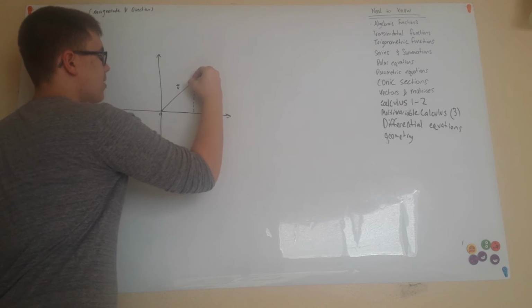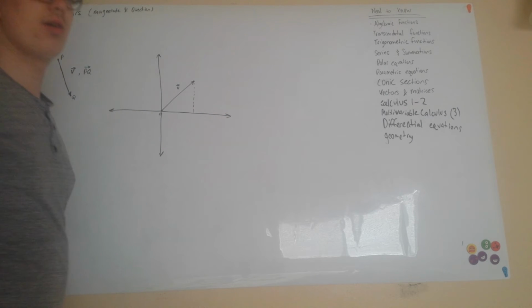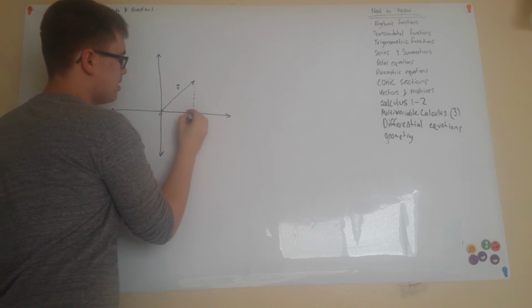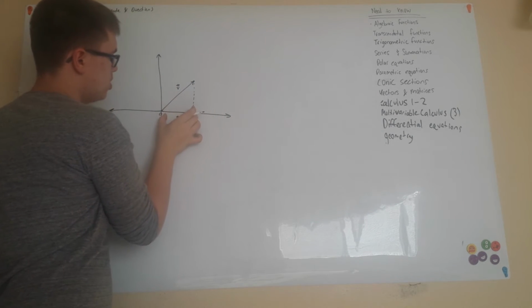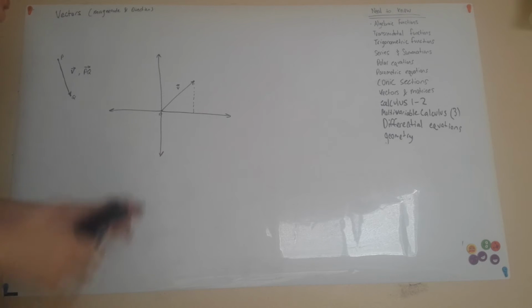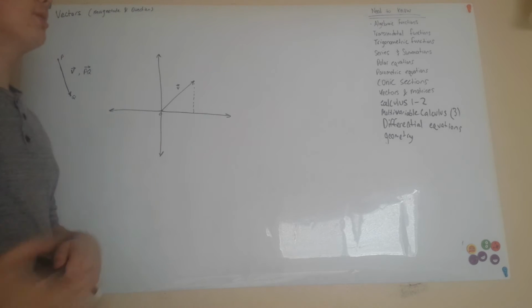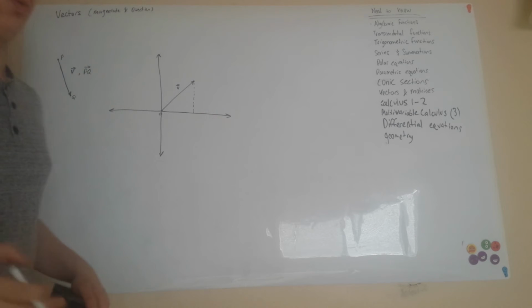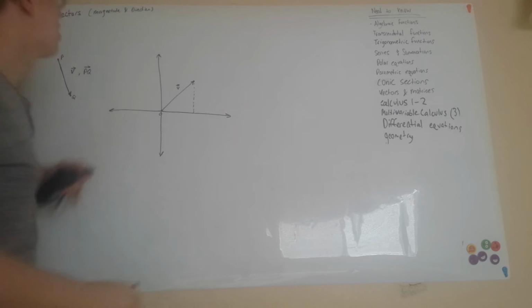It's the y value of this point right here. And this distance right here is just the x value of that point. So we can describe the vector numerically by using this special kind of vector where its initial point is at the origin.